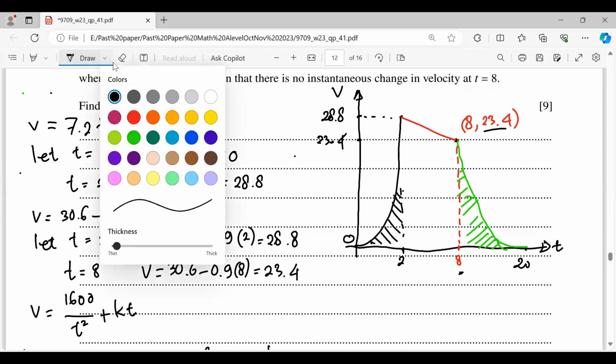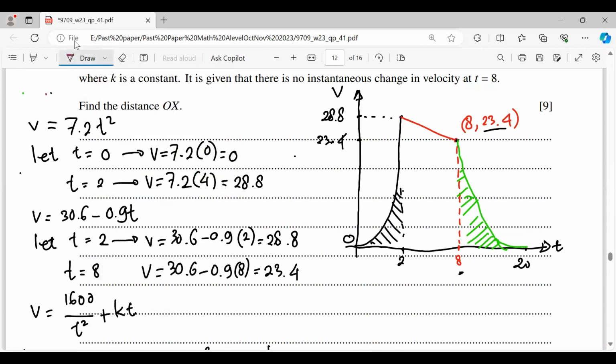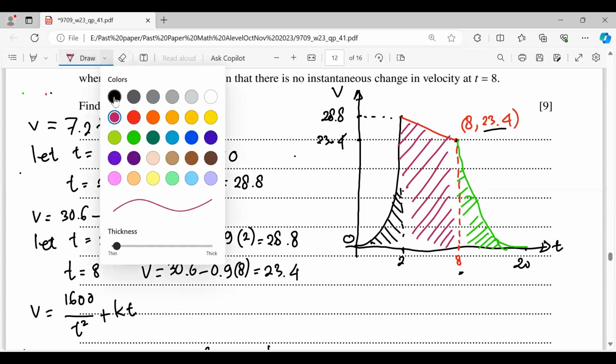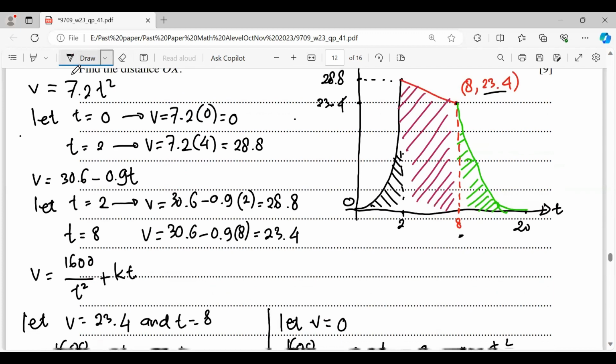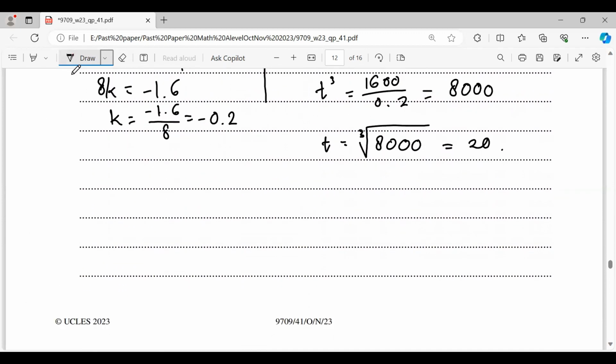After that, the black area. After that, this area. The second area, and the third area, this one. Okay, first area.